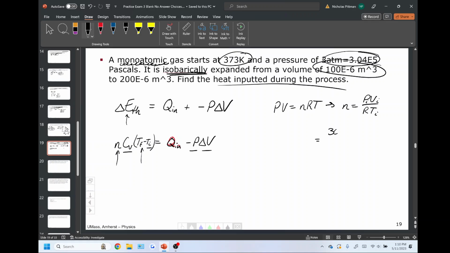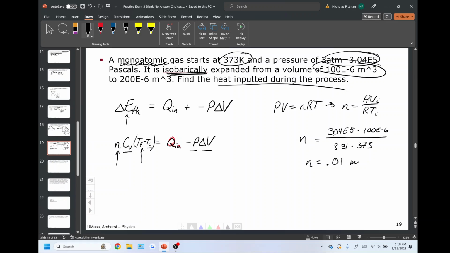Okay, if I plug in numbers, this tells me that N equals 0.009.